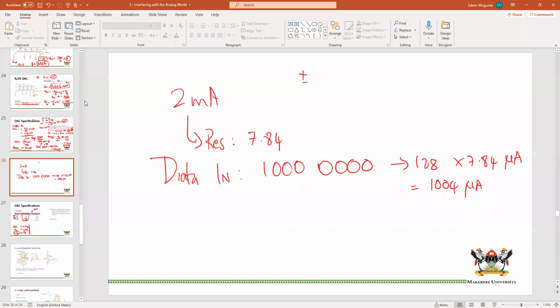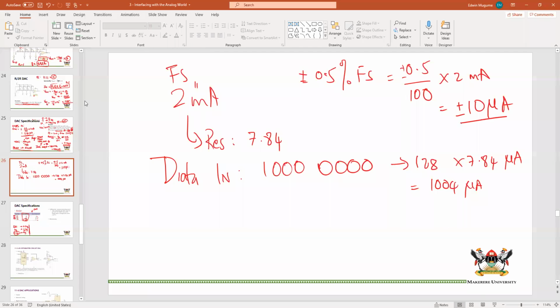We've been given the error as plus or minus 0.5% of full scale. So this is 0.5 plus or minus over 100, because it's a percentage, of 2 milliamps, which we found to be plus or minus 10 microamps.